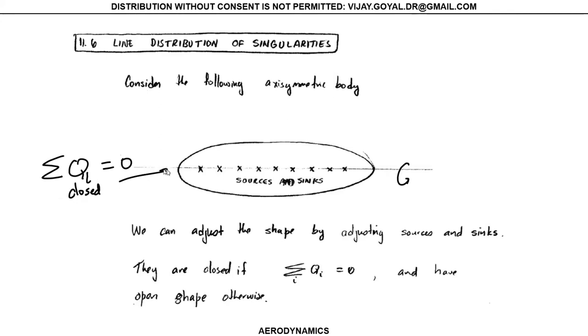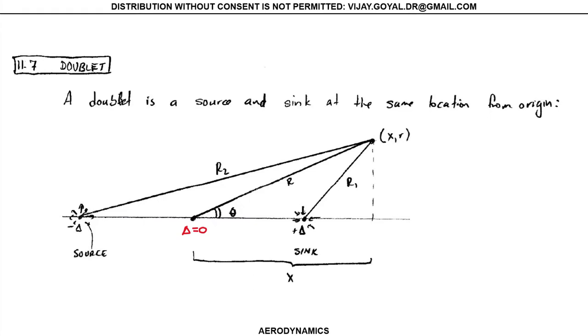However, we could have, let's say, a flat line with all the sources. In such a case, then the sum of Qi will not be equal to 0. So in this particular topic, what we're going to do is assume that the distance between this point and this point and this point is completely 0.